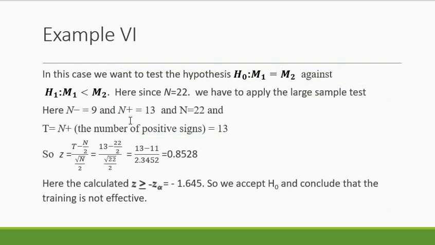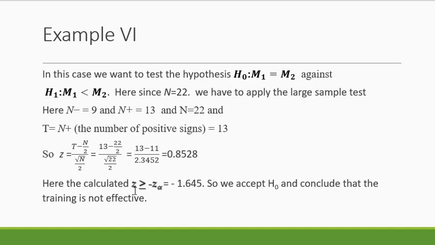So n plus is obtained as 13 and n minus is 9, and there is no zero, so capital N is 22. So T is taken as 13. Now we calculate: n is 22, so n by 2 is 11 and root n is root 22 by 2. So what you get is this value.